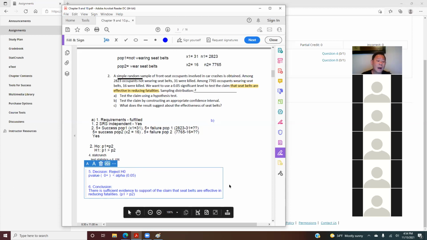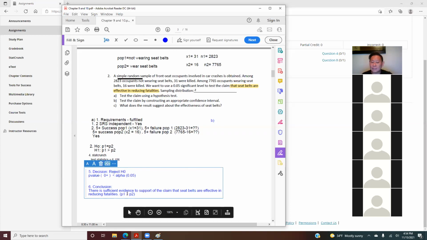Okay, it's greater than. Another way you can figure out which one you pick is number 5. Since you're rejecting the null hypothesis, if you reject H0, then you will pick H1, and H1 means P1 is greater than P2. So this means P1 is good.